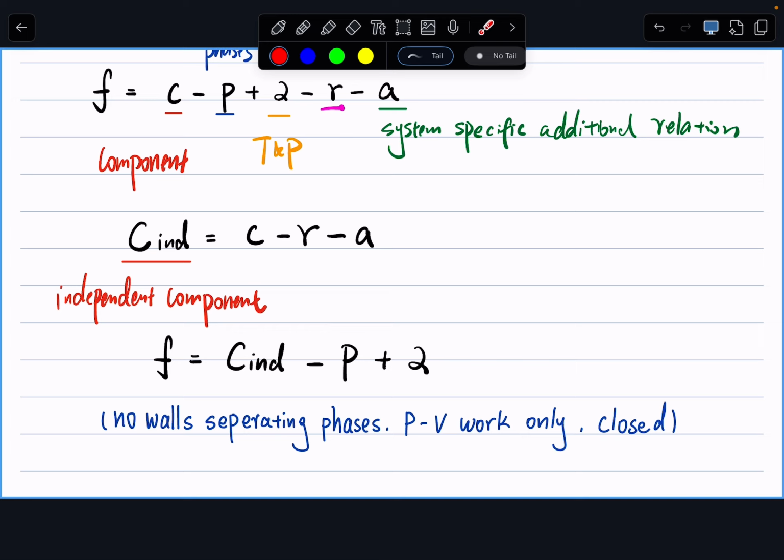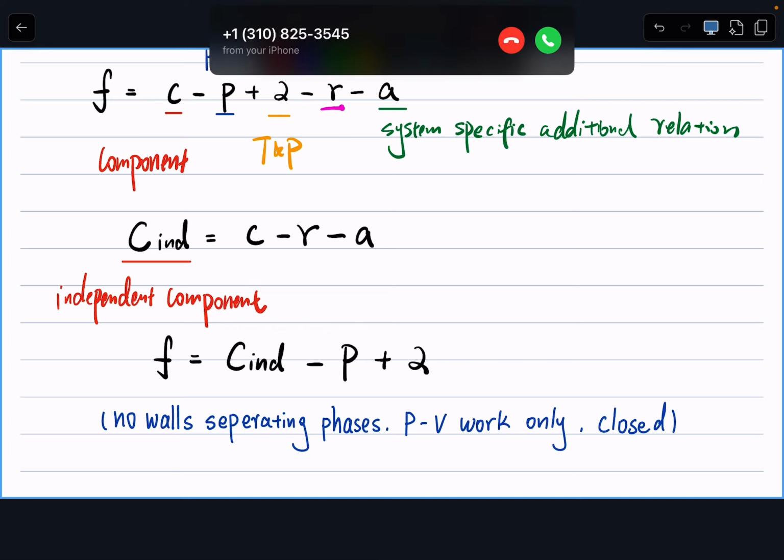And let's look at an example together, shall we? F equals C_IND minus P plus 2, where C_IND is C minus R minus A.